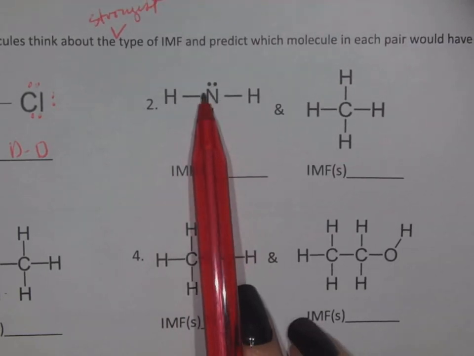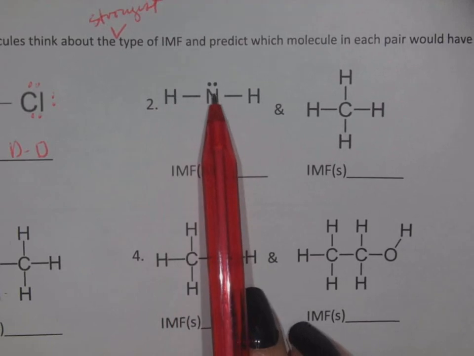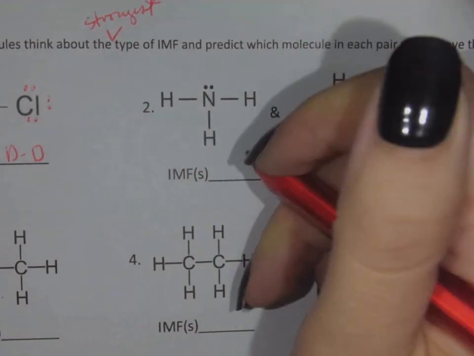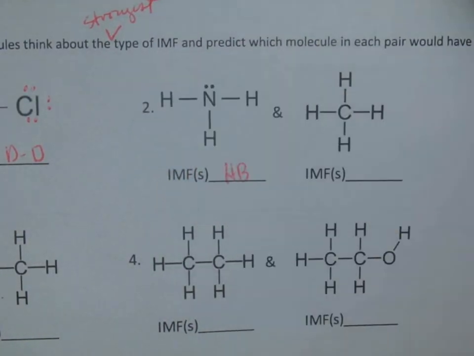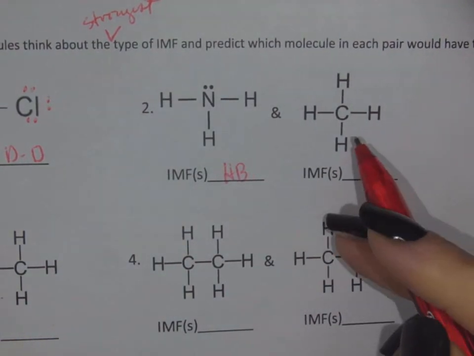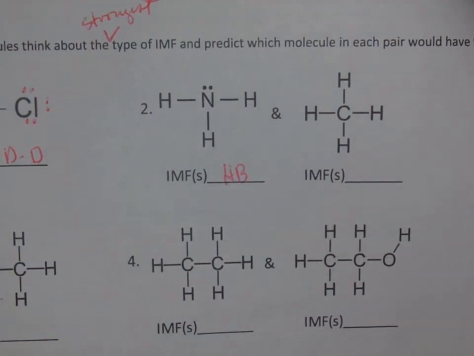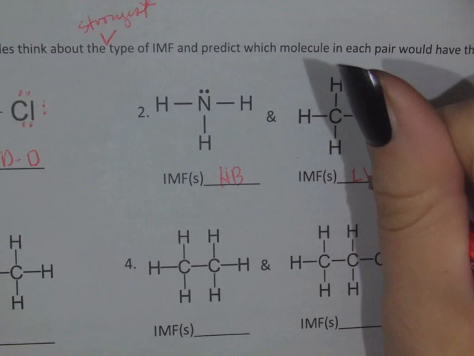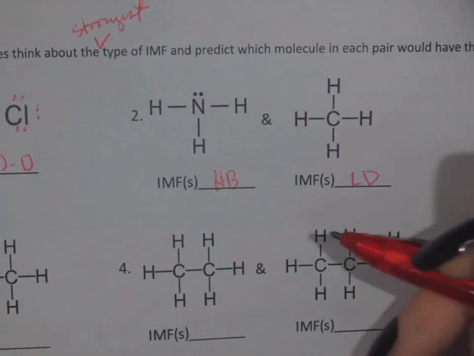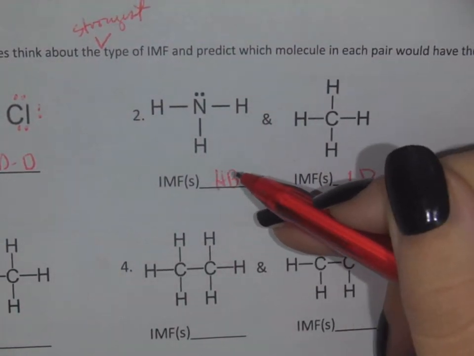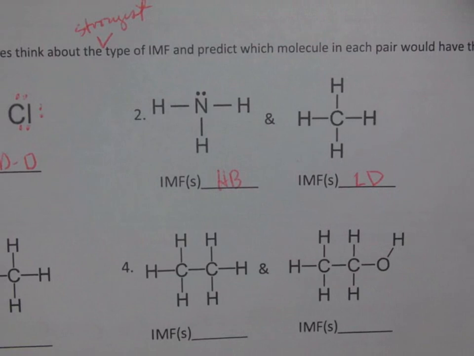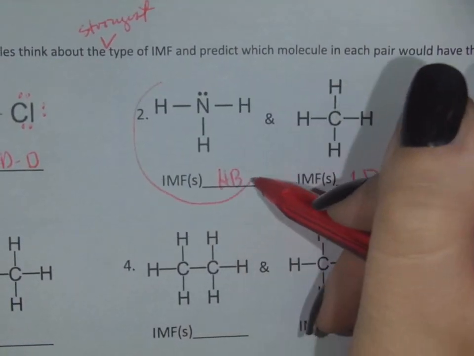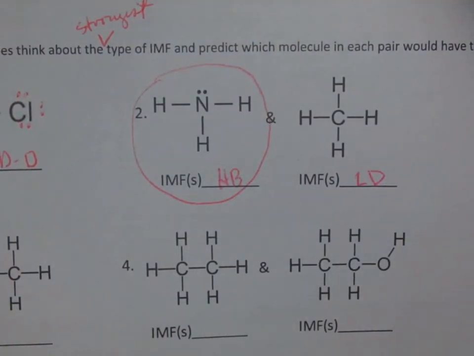So it's polar and it has a hydrogen bonded to a correct atom. So it experiences hydrogen bonding. Where CH4 is nonpolar. So it only has London dispersion. So hydrogen bonding is much stronger than London dispersion. So the stronger IMF means it's going to have a higher boiling point.